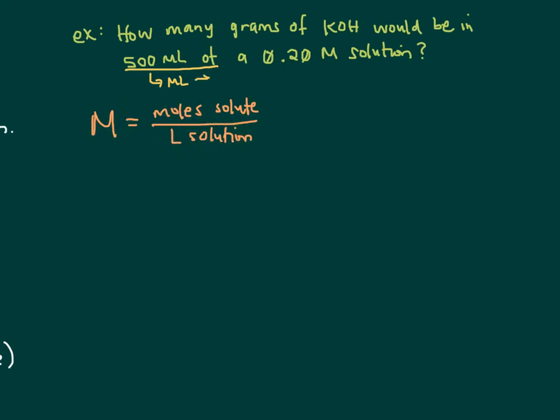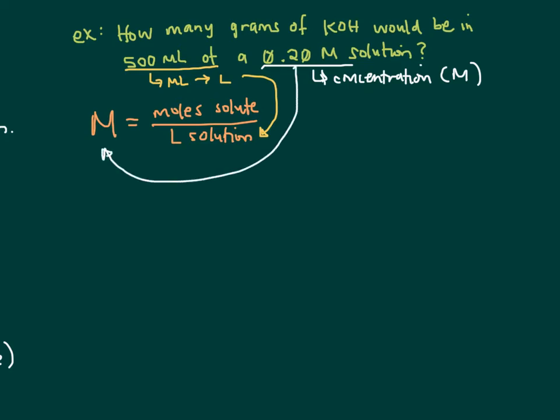So we're going to want to make sure we convert that to liters, and then we can plug that in here. And then we were also given that we have a 0.20 molar solution. That's the concentration of our solution, so that is our molarity, our capital M. We're going to take that and plug it in here.